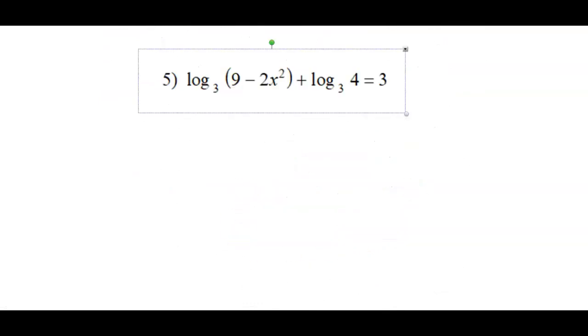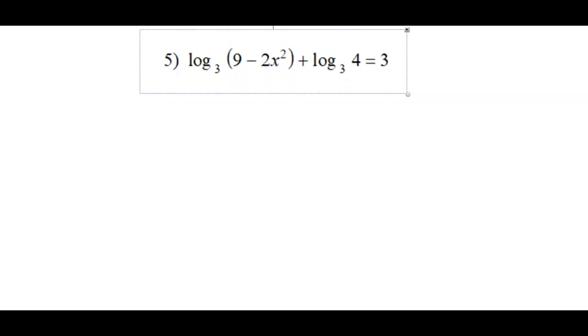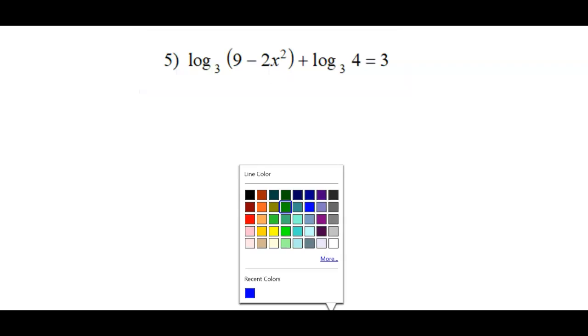And then our last example, very similar to the one we just did, except this one only has the logs on one side. So we're going to condense the left side down by multiplying.